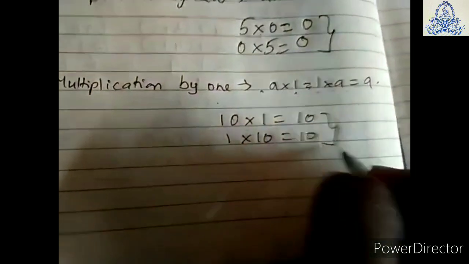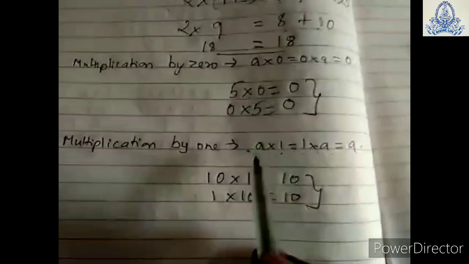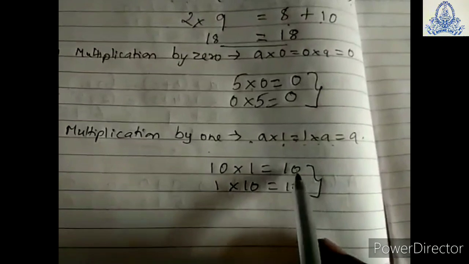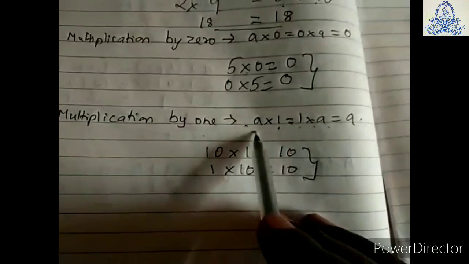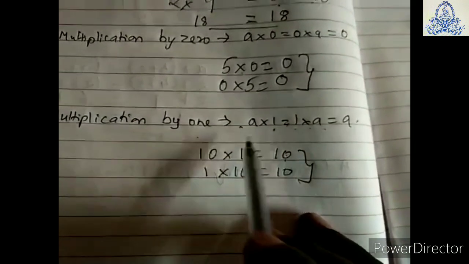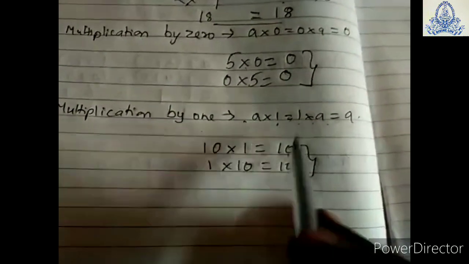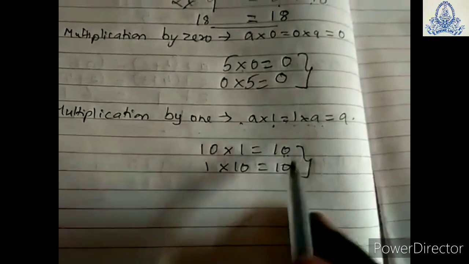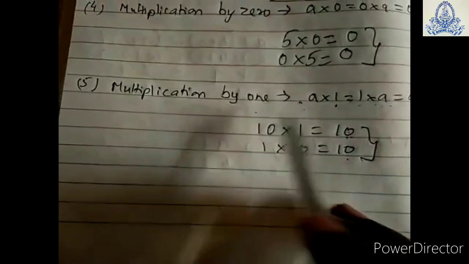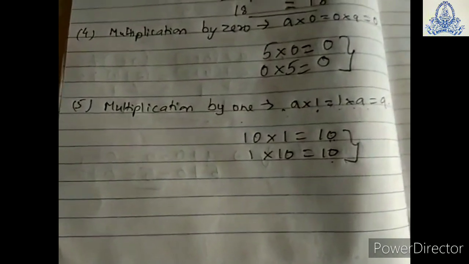Any number which we multiply by 1, we get the same number as the one given. Suppose I take A as 5, 5 multiplied by 1 is 5, or 1 multiplied by 5 is also 5. So multiplication by 1 is the multiplicative identity.